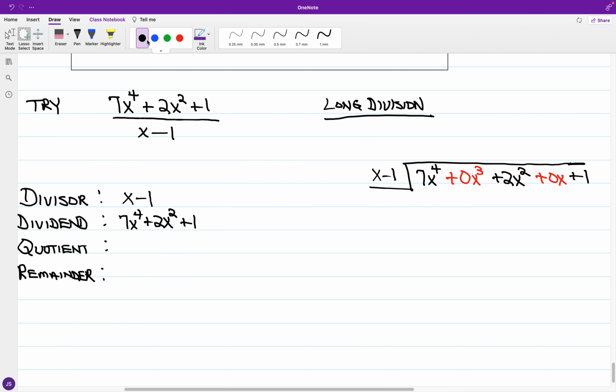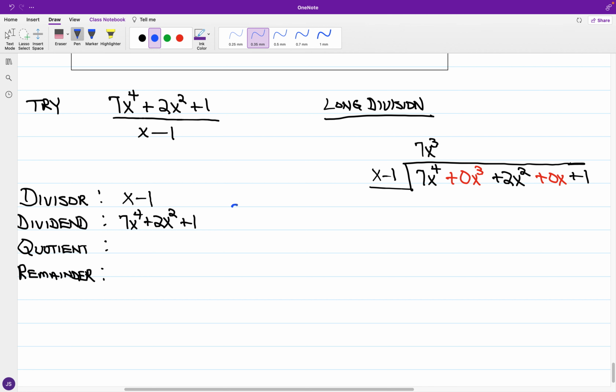Just as in the earlier cases, I can take the first term from the divisor into that of the dividend. And here we have x into 7x to the fourth. So 7x to the fourth divided by x is going to be 7x cubed.